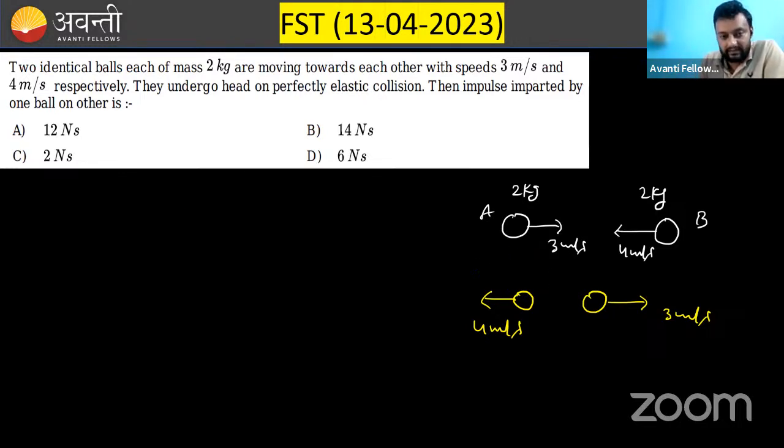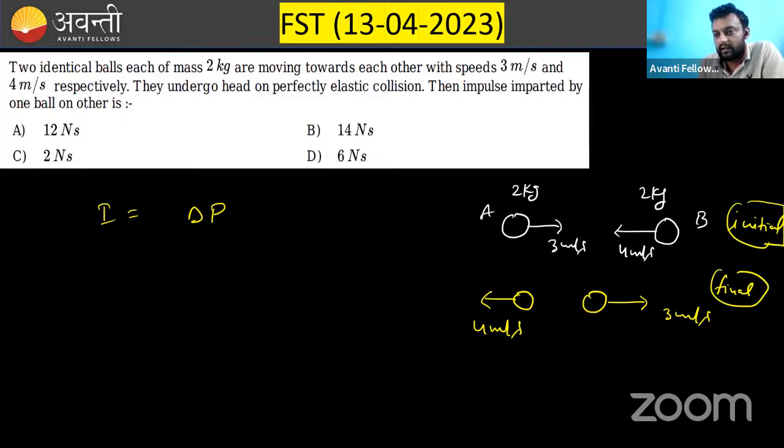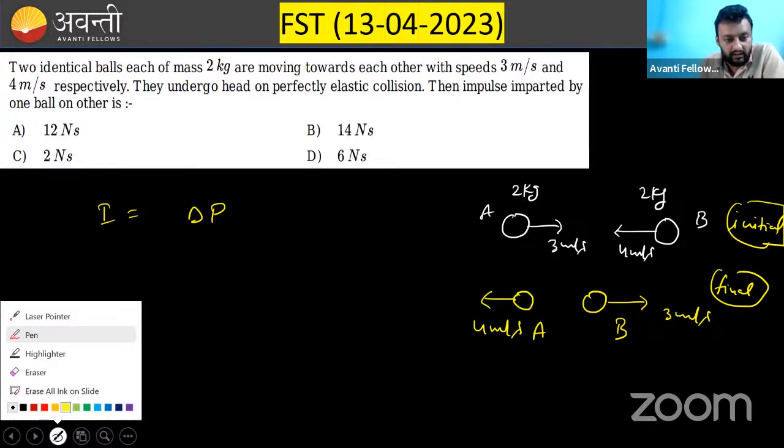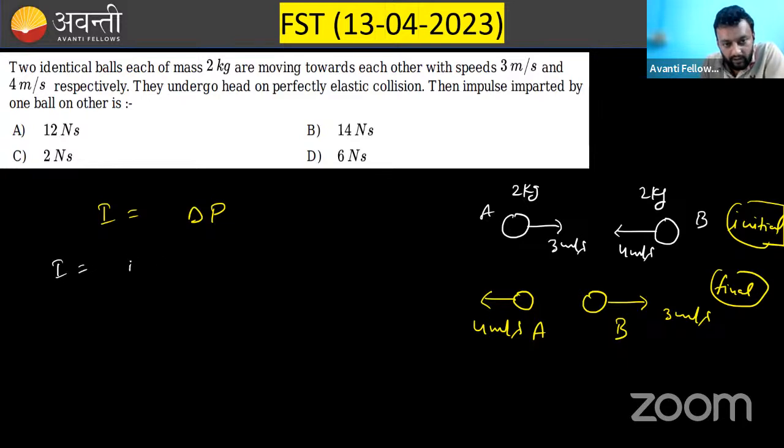Now, they are asking the impulse. So what we have seen is that impulse is equal to change in momentum. Impulse is equal to change in momentum. This is the initial diagram and this is the final diagram. If I want to calculate the impulse on B, then I need to calculate the change in momentum of A. So impulse will be P final minus P initial.